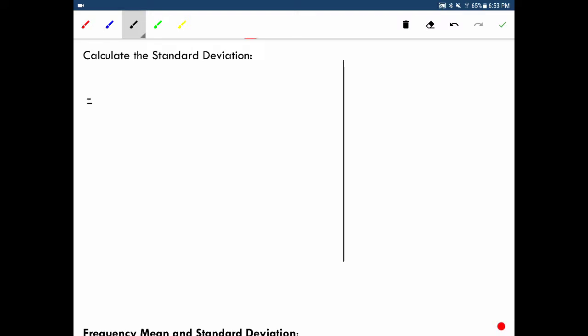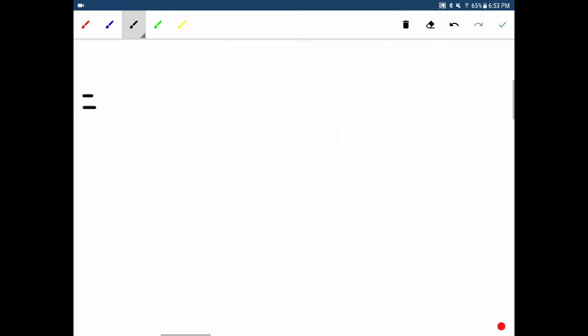Okay, so here, I'm going to zoom right in. We're going to take each piece of data and subtract the mean. So for instance, I've got 183 as my first piece of data. I'm going to subtract the 163, and then I'm going to square it. And then I'm going to add the next one.